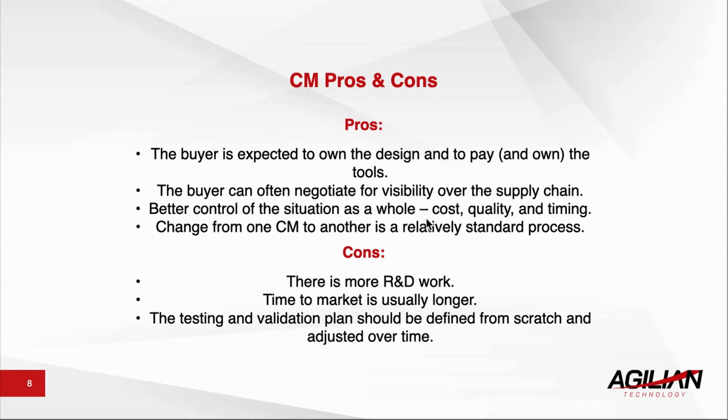More visibility and more control over a lot of things. Okay, and since you have all the design deliverables in your hands, you can change from one contract manufacturer to another. Now, obviously, this means also, yeah, there might be more R&D work. It might take a bit longer, especially if they're not expert in that specific kind of product. Okay.